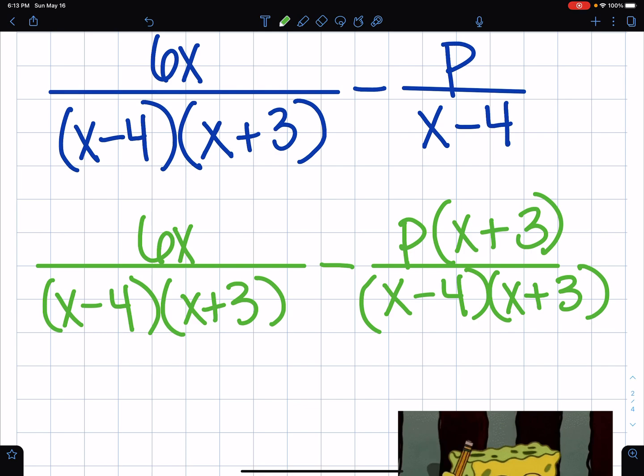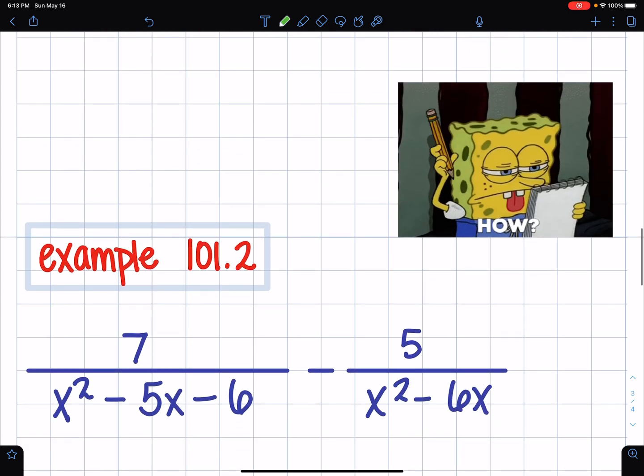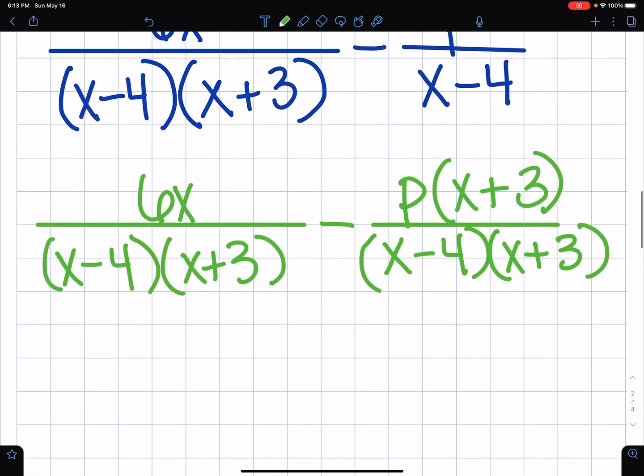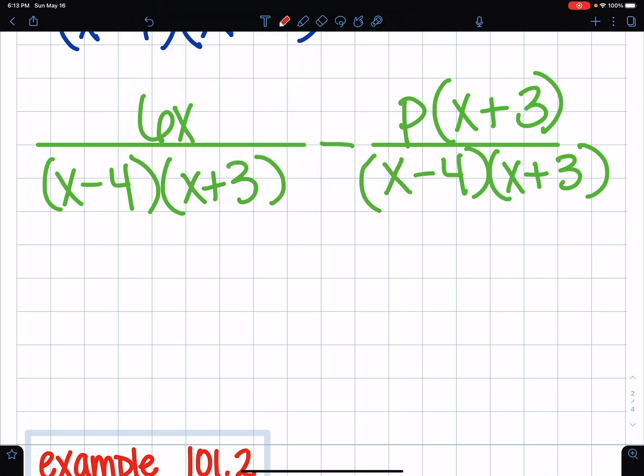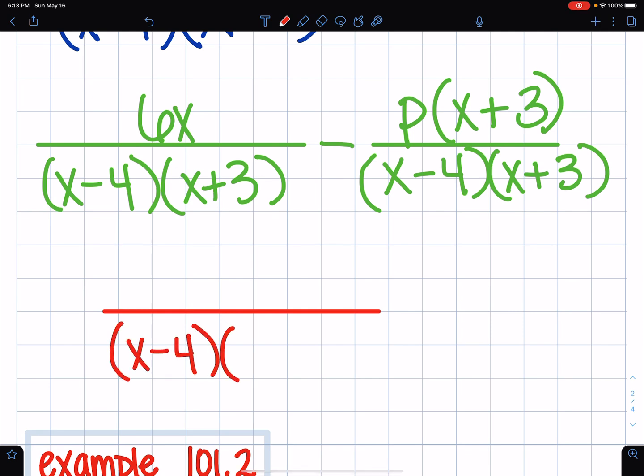Okay, so let me move this down because I need more room here. I need one more space, and I'll do it in red. So the bottom is going to be x minus 4, x plus 3.